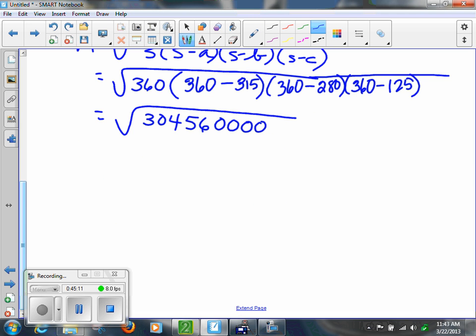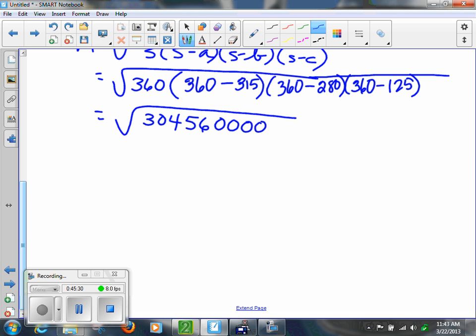Look at that value. That is huge. That is 360 times this quantity times this quantity times this quantity. Okay, so you subtract first, in the parentheses.